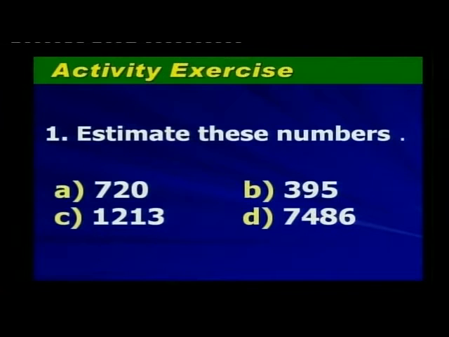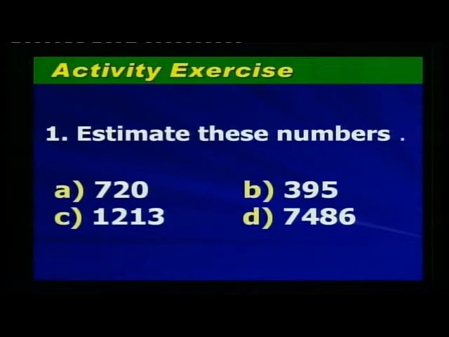And the last one. Okay, let's have Robert. 7,000. Is it correct, 6's and receiving students?